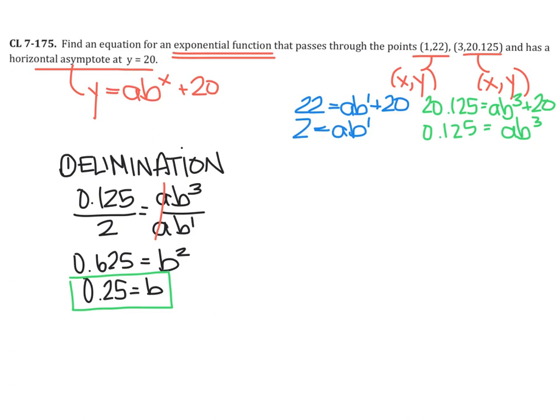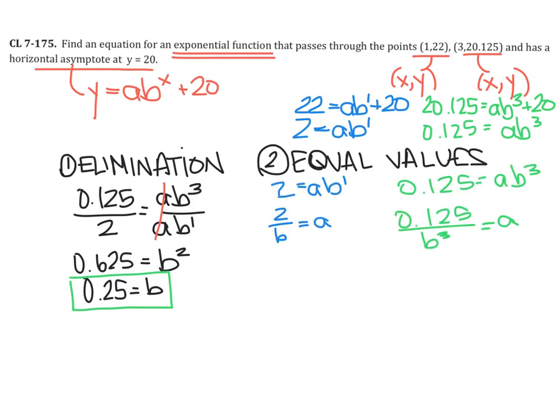The other way you could find b is we could go ahead and use equal values method. So you can see that I went ahead and solved each equation for a. If they're both equal to a, then we know they have to be equal to each other. So then we can go ahead and set up this equation.